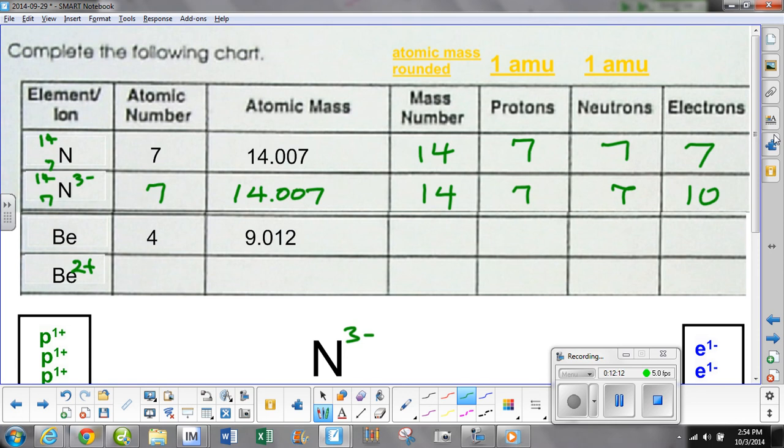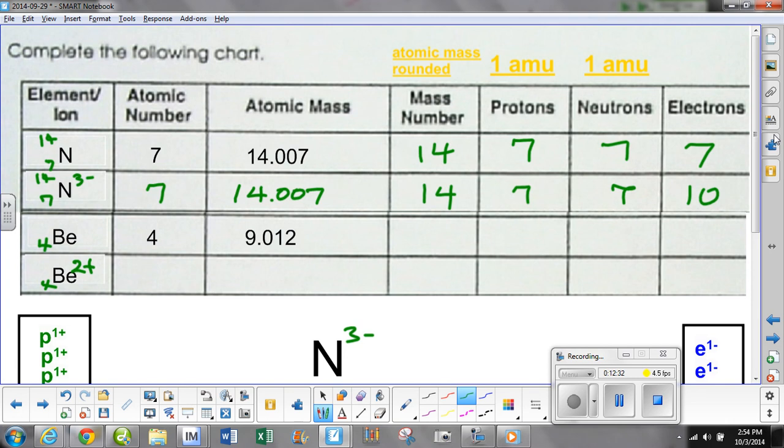What's the number in the bottom left for beryllium? 4. Absolutely. That is going to be the same for both of these guys, because that won't change. Okay, both of them will have a 4. And let's go to someone else. Miriam, how about it?